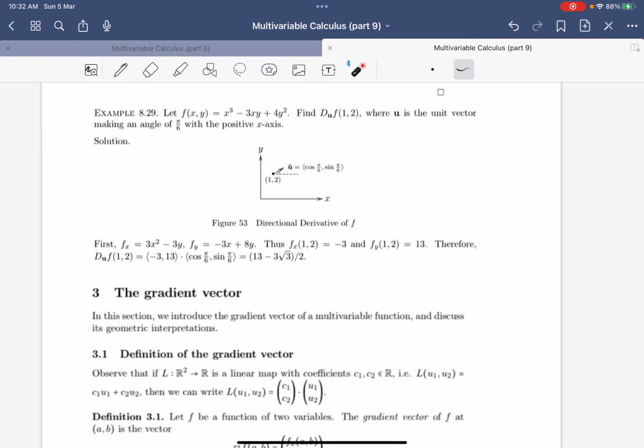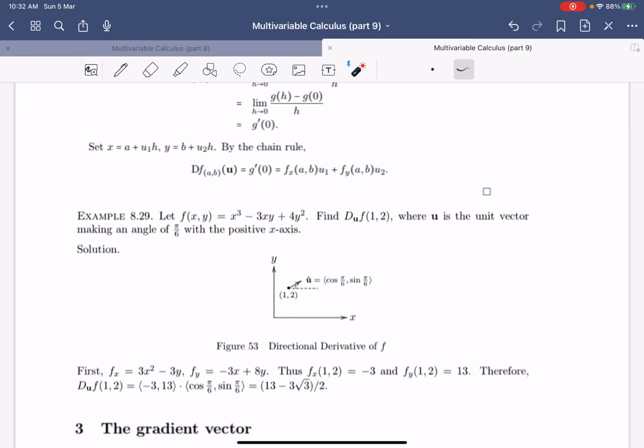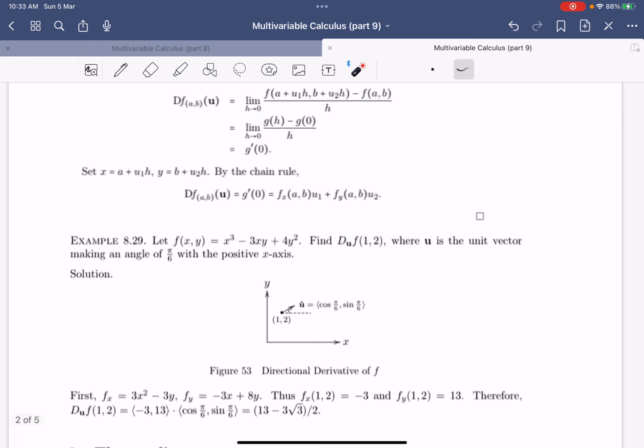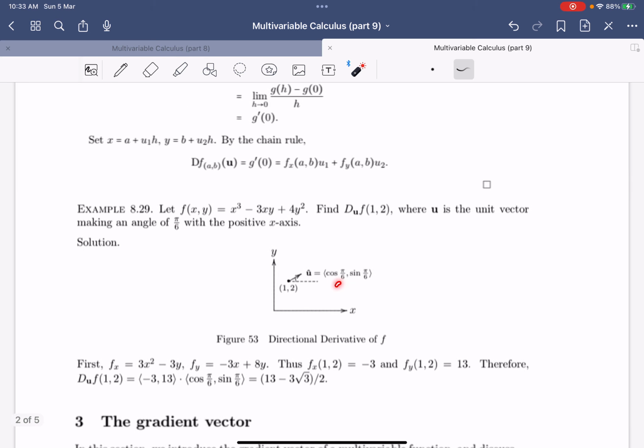And so we take a look at this exercise. f equals x cubed minus 3xy plus y squared. We want to find the directional derivative at (1, 2) with respect to u, where u is at the angle of pi over 6. So the unit vector will be (cosine pi over 6, sine pi over 6).